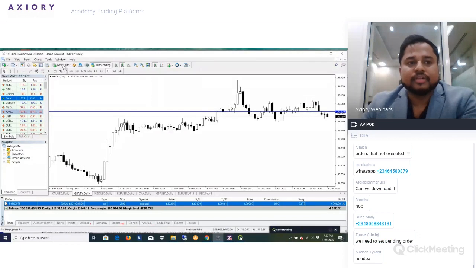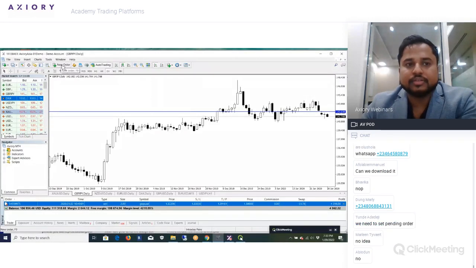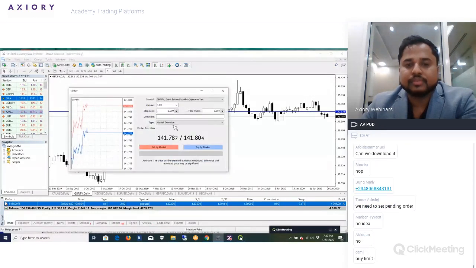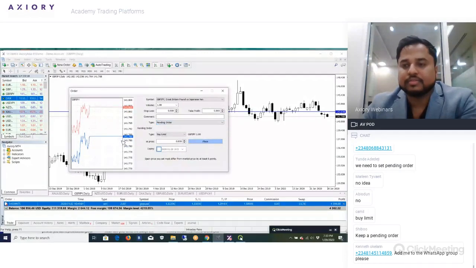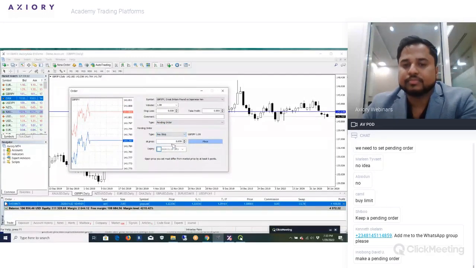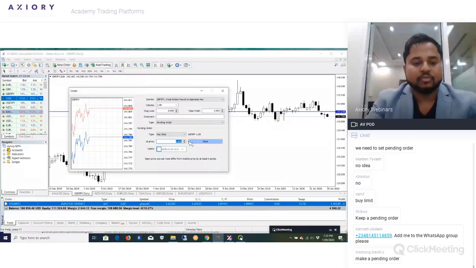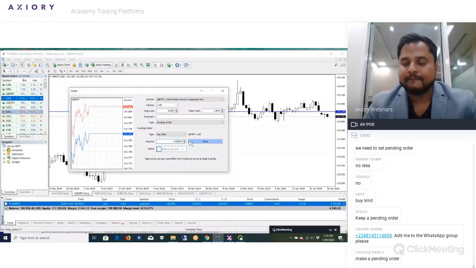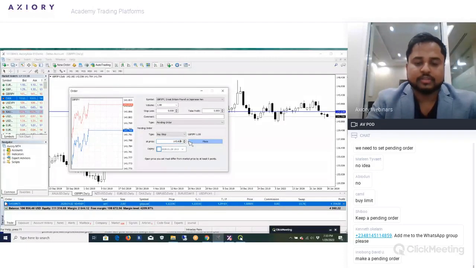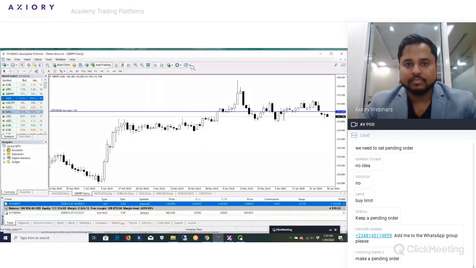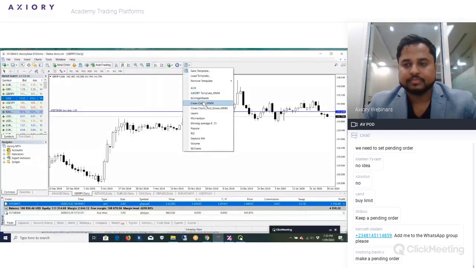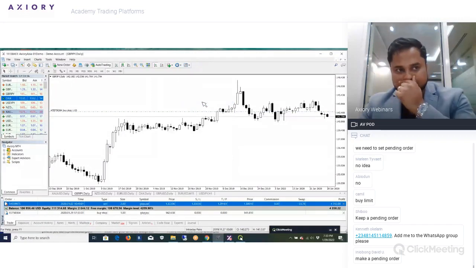Okay, just go to the new order. Instead of market execution, go to pending order and put buy stop. So now I am putting 142,638.